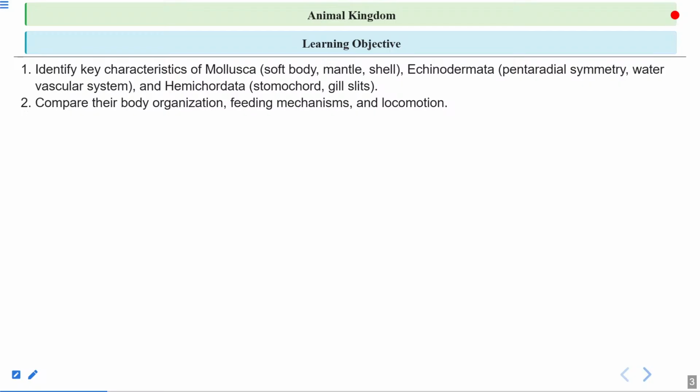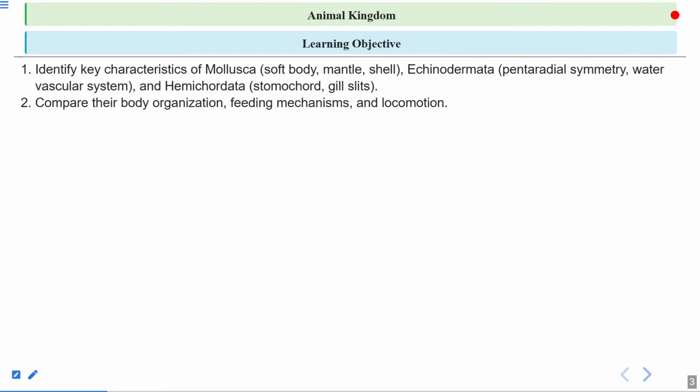The cell is the structural and functional unit of life. Cells combine to form tissues, tissues combine to form organs, and organs form the organ system. We will compare their body organization, whether they are at tissue level, organ level, or have an organ system.